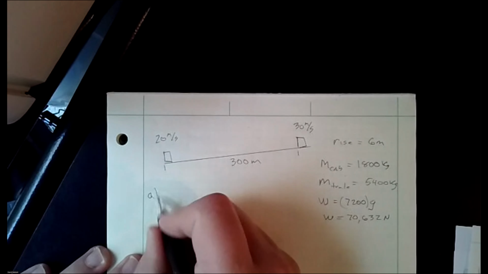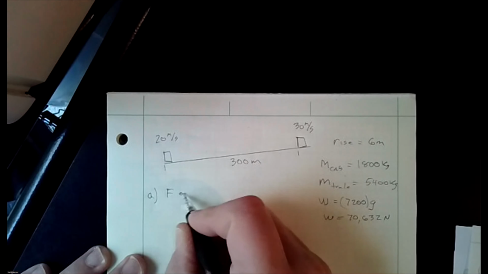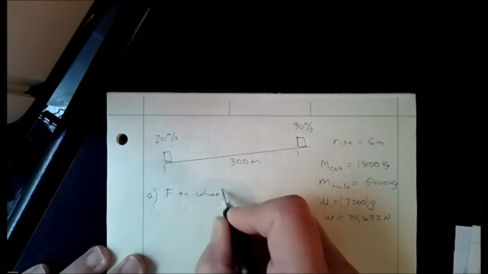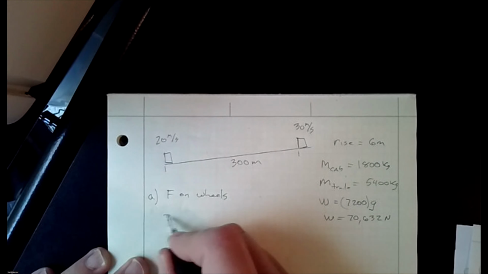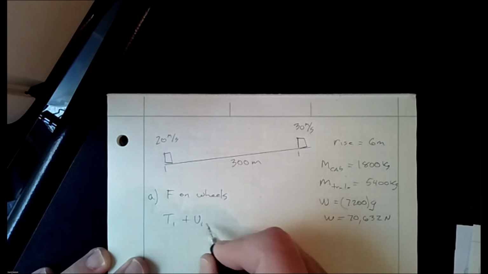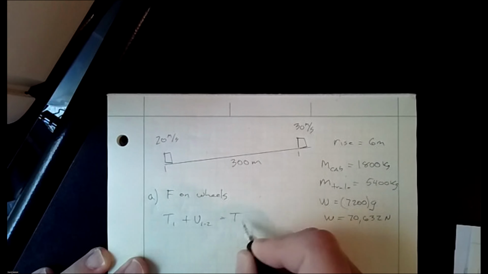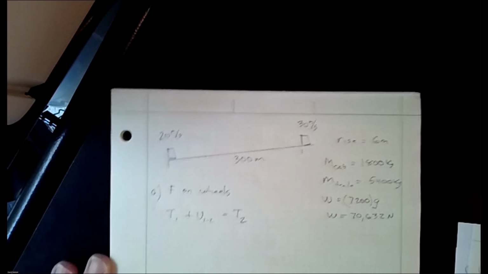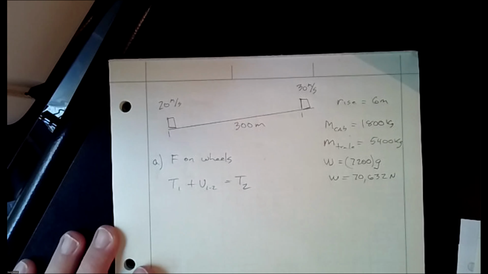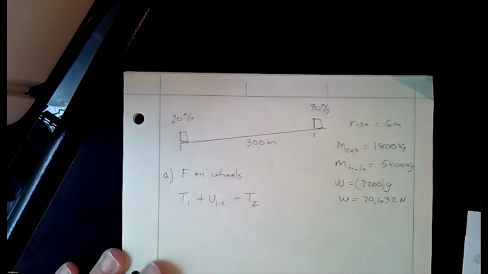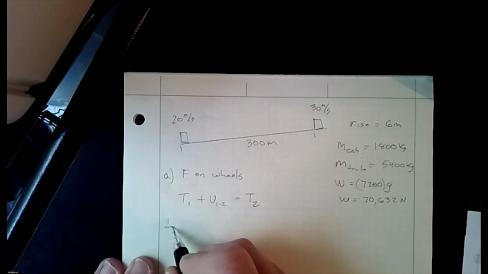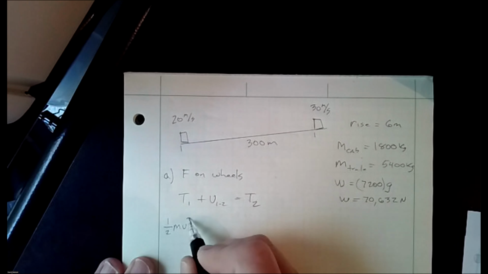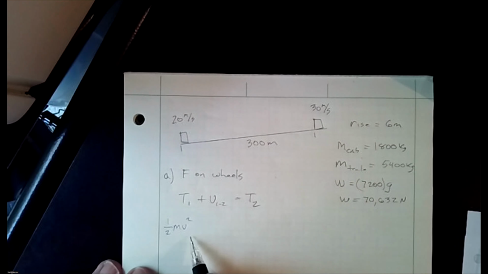Okay. So let's look at first the average force on wheels. So A, force on wheels. So in that case, again, we have T1 plus U1 to 2 equals T2. So we're not given any friction. So really, what do we have? We know T1 is our kinetic energy, so 1/2 mv squared of the whole system.